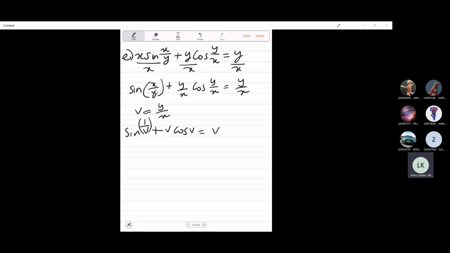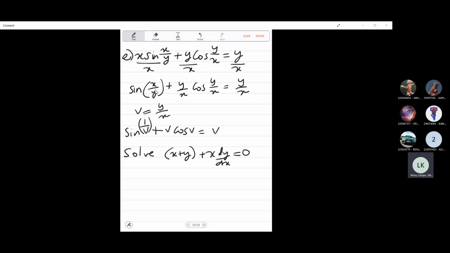Okay, so now let's look at how we actually solve differential equations that are homogeneous. Let's say we have this one. Solve x plus y plus x dy/dx is equal to 0.